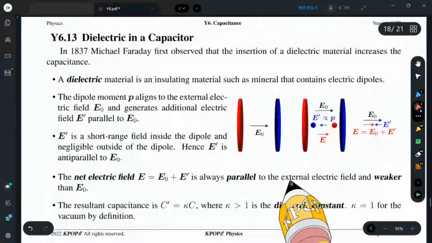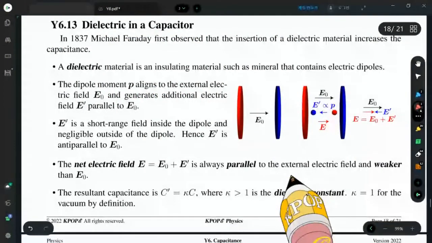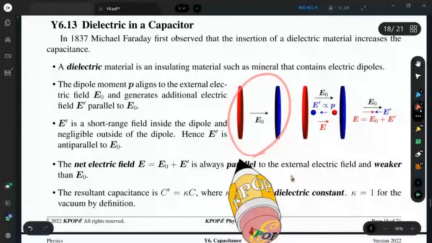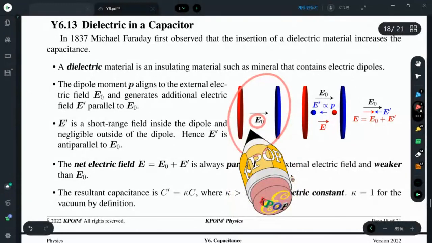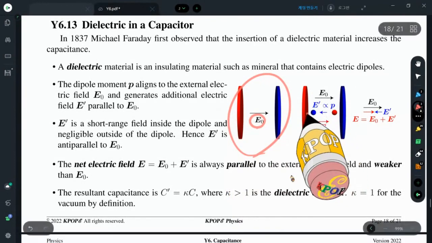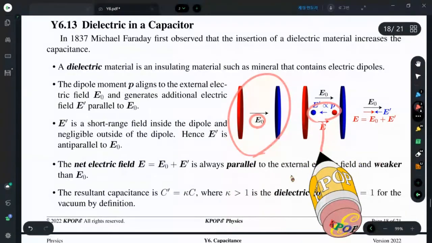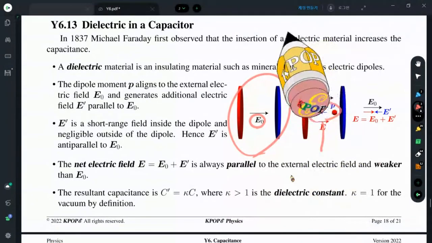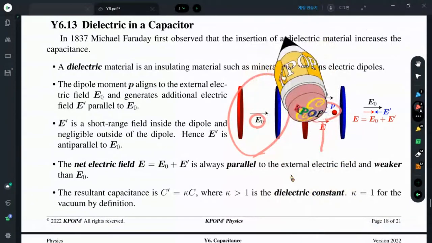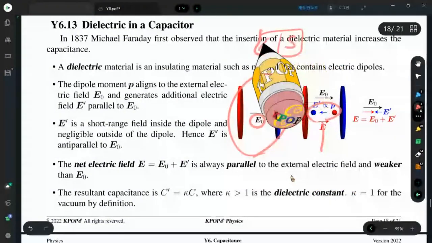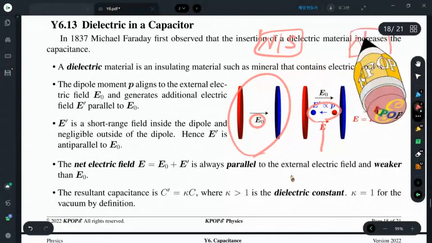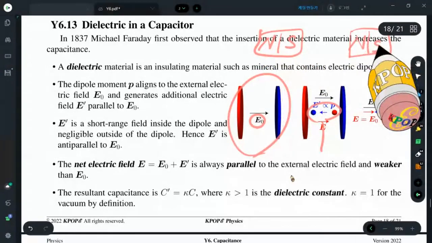So as the last one, we consider a dielectric in a capacitor. Let me tell you a very simple idea. We have a parallel plate capacitor whose original electric field is E0. Let me bring in a dipole, and just like you know, we have a magnetic field, so S, N, and S. Two big magnets.